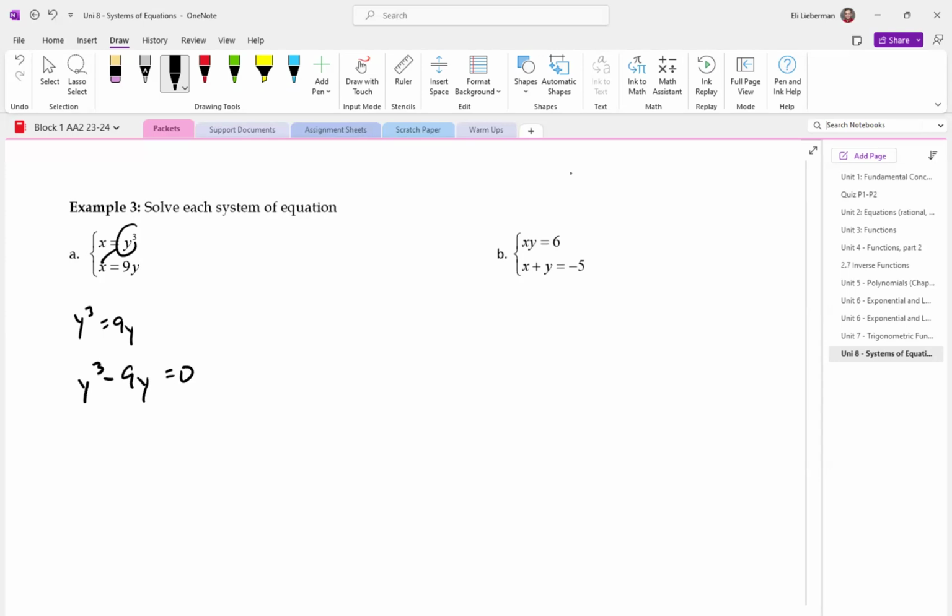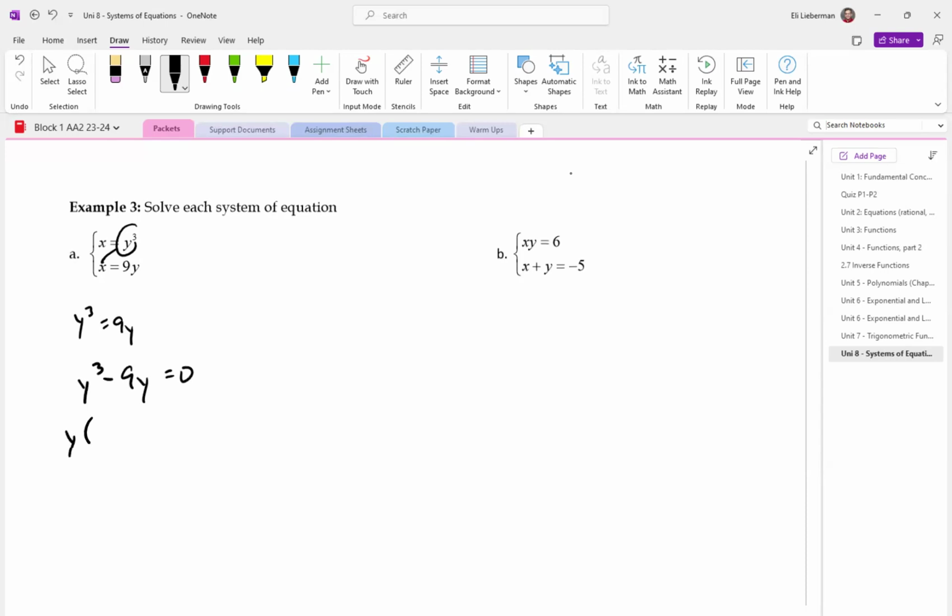Instead of dividing by y, see what to do? Both terms have a y, so we're going to take that y and factor it out.